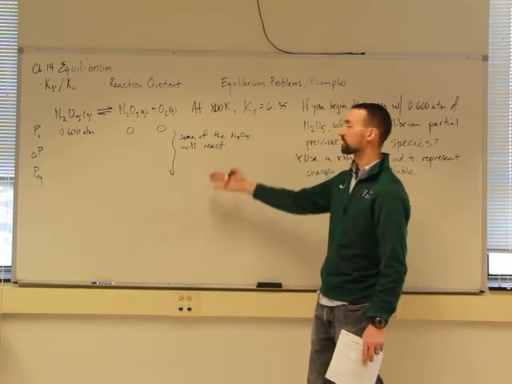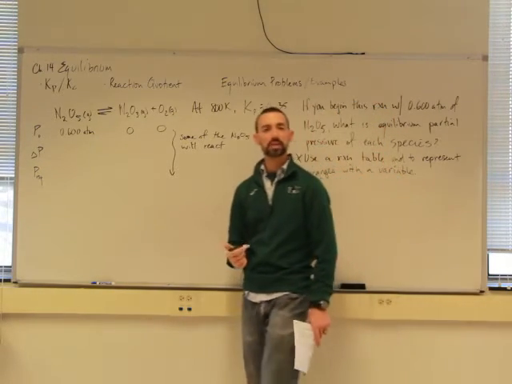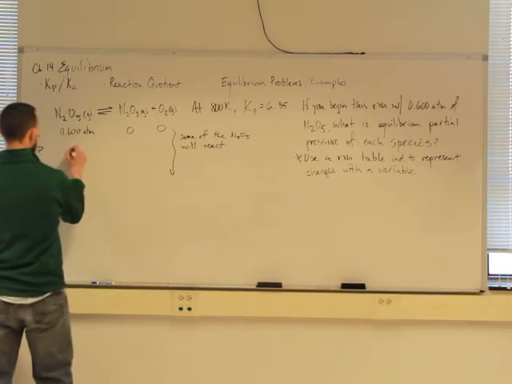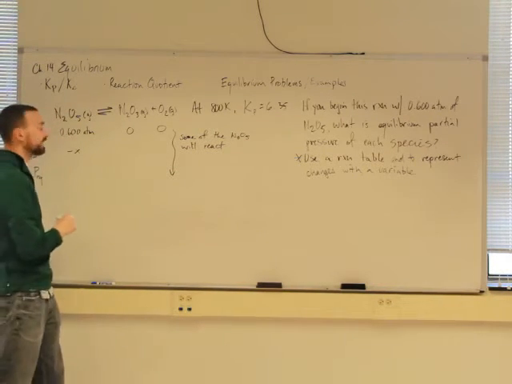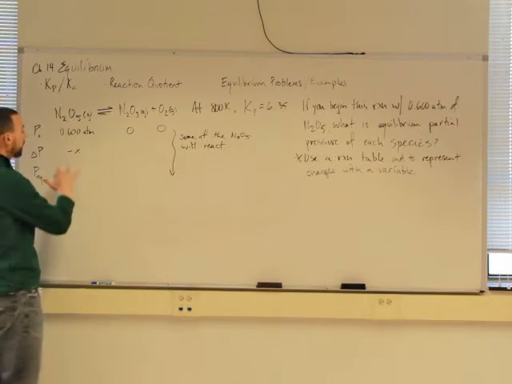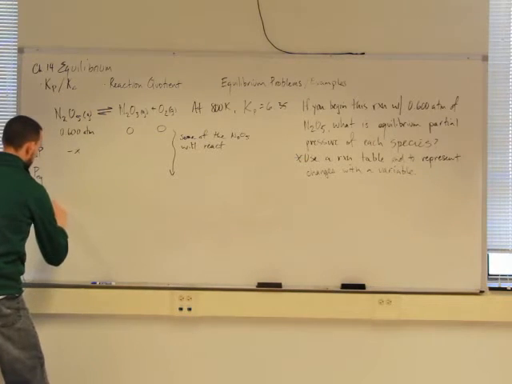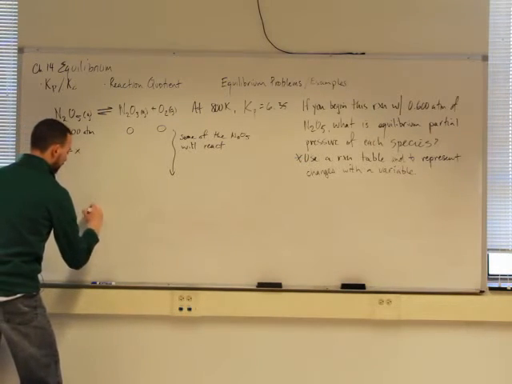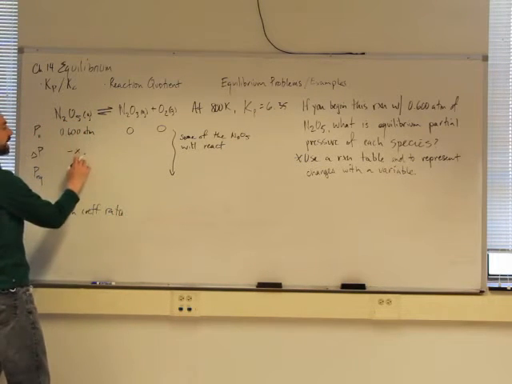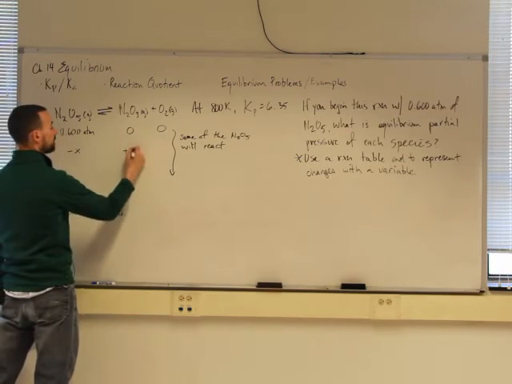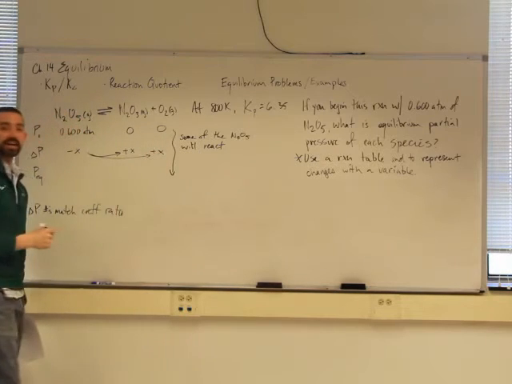This language of some or an unknown amount of N2O5 can be represented by a variable. So I could say that some of the N2O5 will react. So minus X. Because of the relationships, remember the delta P numbers match the coefficients ratio. So if N2O5 is going down by X, both of these are going up by X.